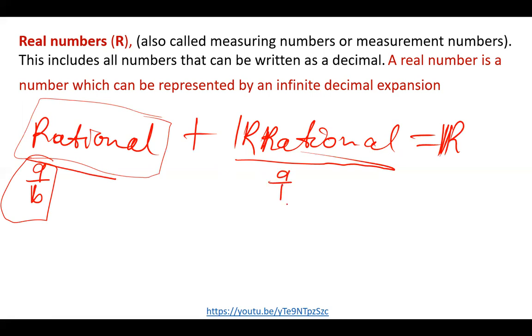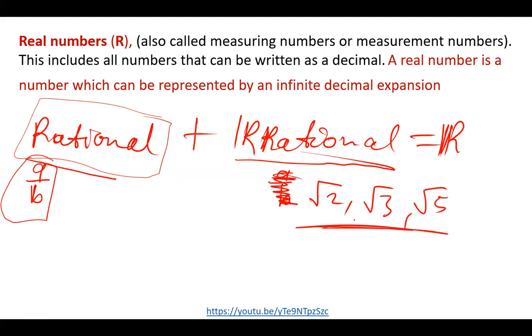The opposite of a rational number is an irrational number. Numbers like the square root of 2, square root of 3, and square root of 5 cannot be expressed in the form A over B, so these are called irrational numbers.